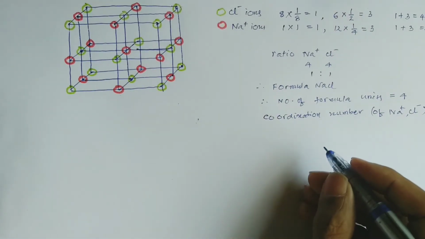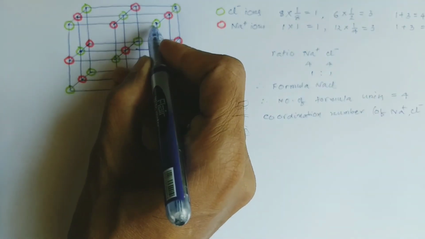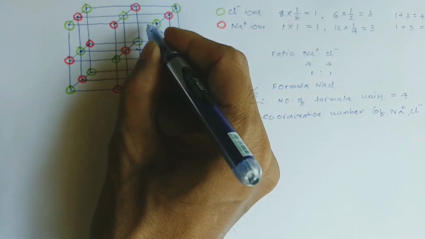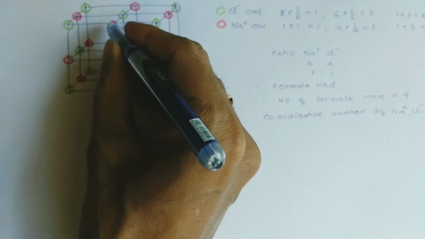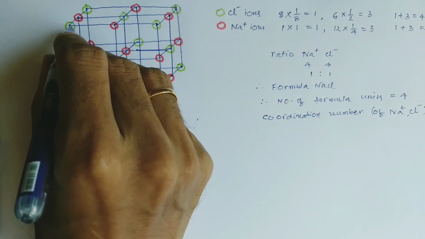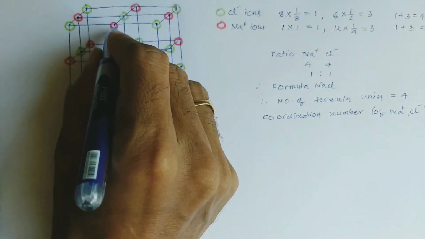Now what is the relation between radius and the edge length? See, this is the edge length, and let us consider it as a. On this edge there are 3 ions, 2 Cl minus ions and 1 Na plus ion.